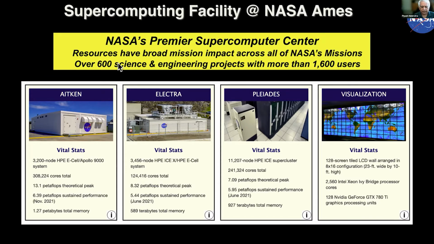Instead of having huge chillers and air conditioning units to cool Pleiades in the building, in Electra and Aiken we use outside air 90% of the time to cool the systems.